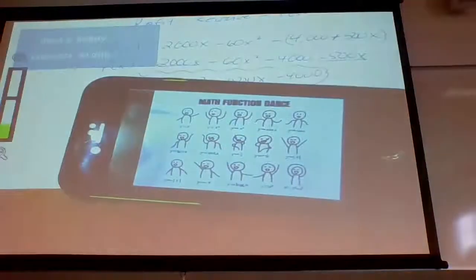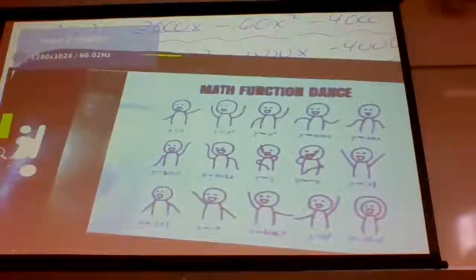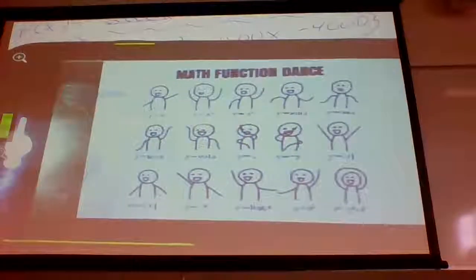Now, as I was mentioning, they have a little cartoon that kind of goes over these shapes. So they say this is how a mathematician dances. This is the math function dance.